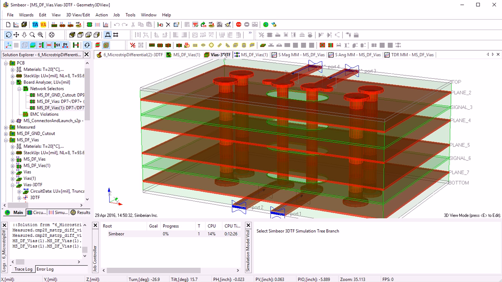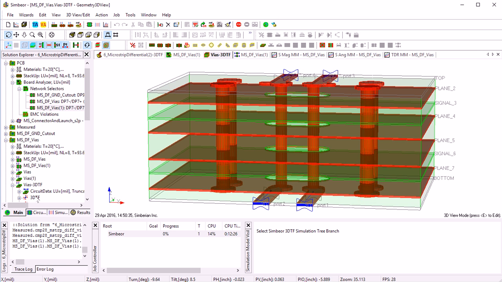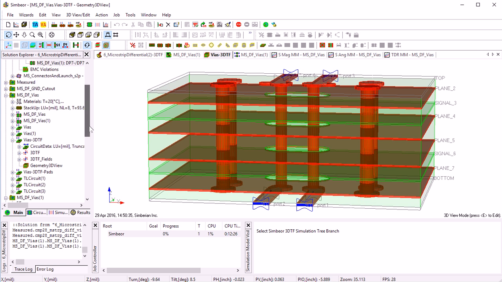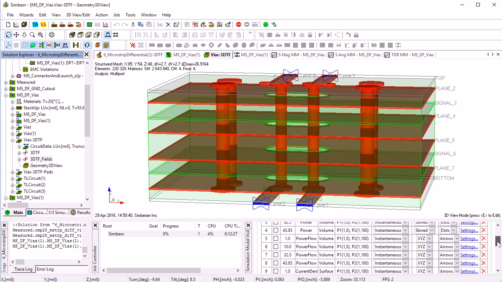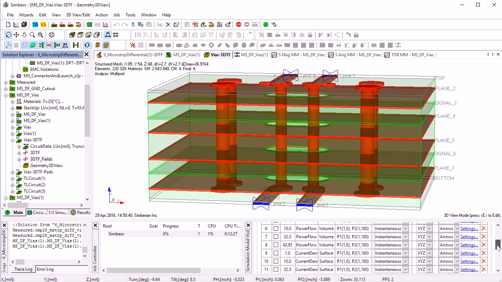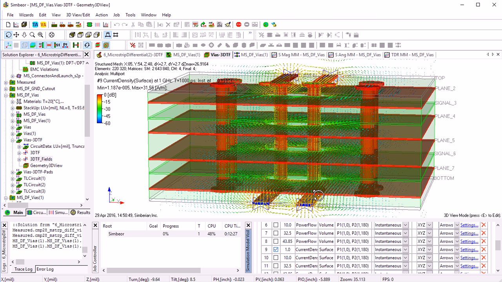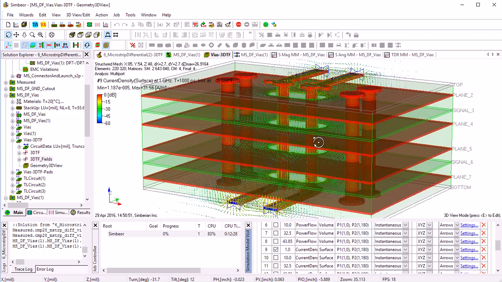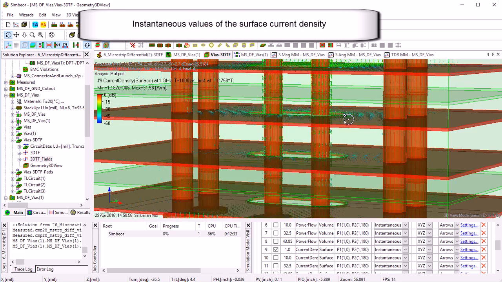So let's take a look at the currents and power flow in the viaholes. There are some fields pre-computed here, and first we will take a look at the current flow. Current density, surface current density at 1 GHz. I turn it on and we can see how currents flowing through the vias.